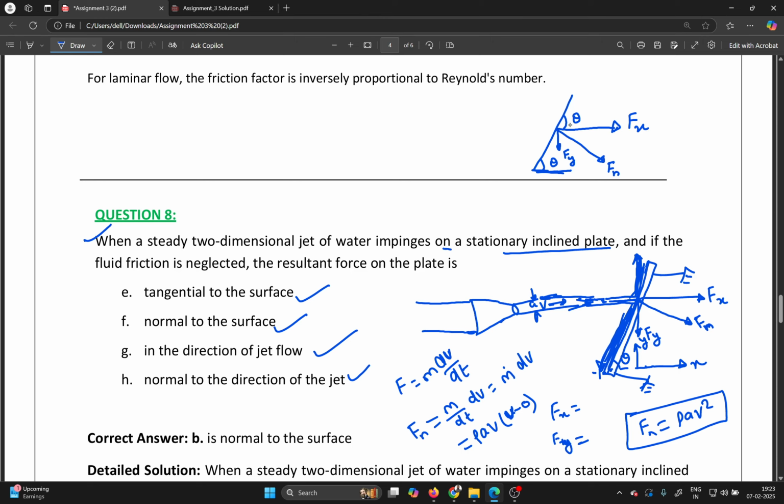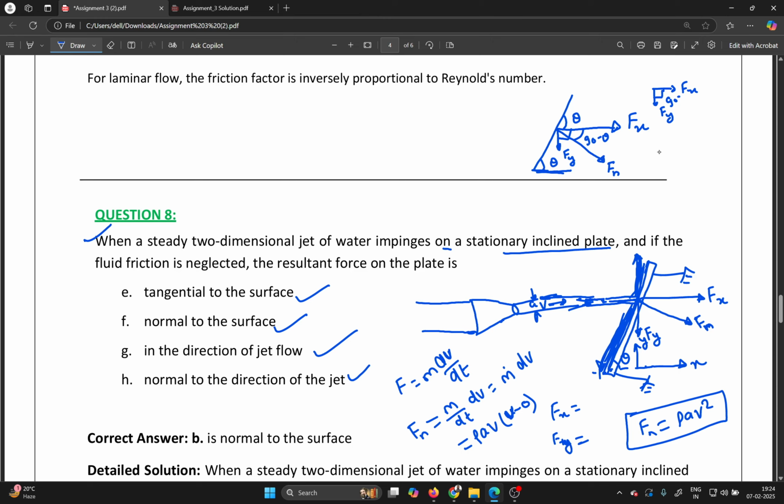If you draw a line from here, this will be theta, and the angle between Fx and Fy is 90 degrees. That is the rectangular component concept from your engineering mechanics. So this value will be 90 minus theta.